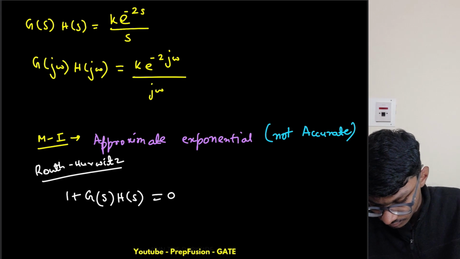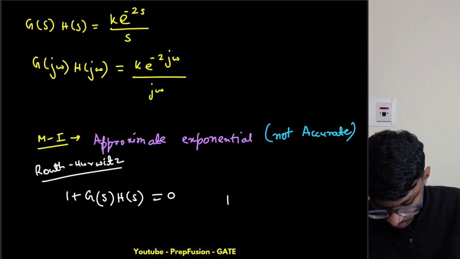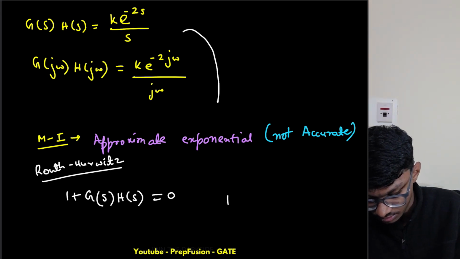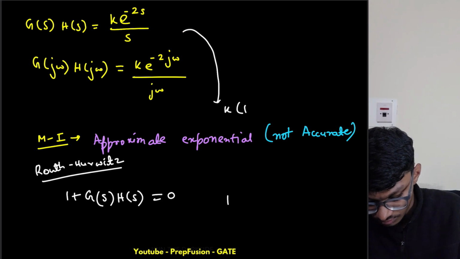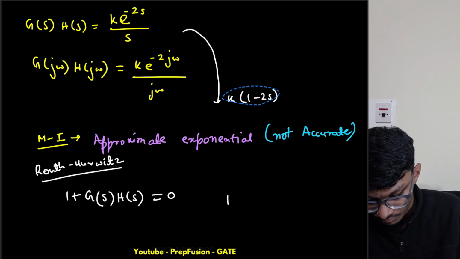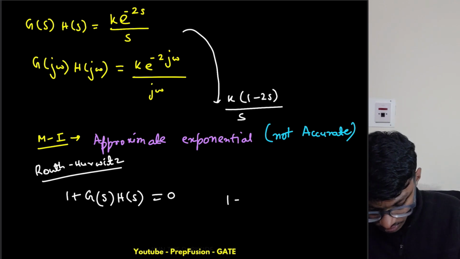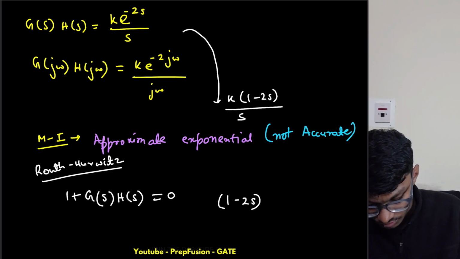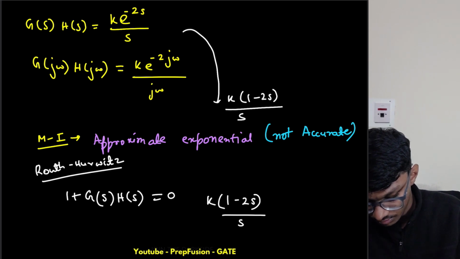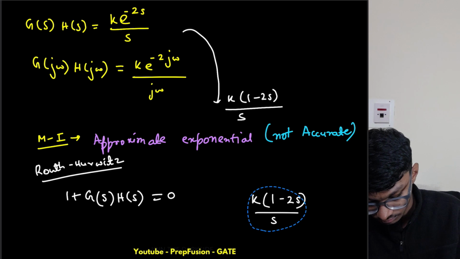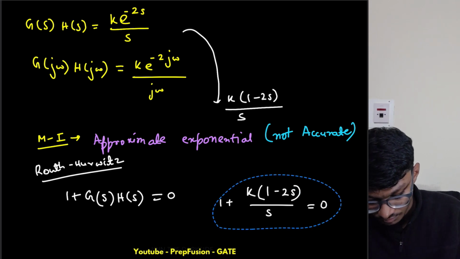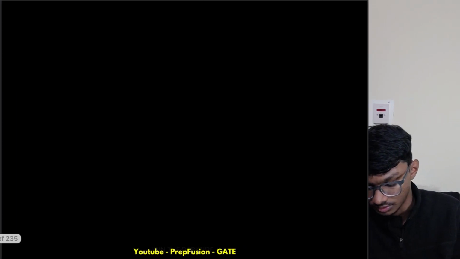What does this become? I can approximate it as 1 minus 2s divided by s into k equals to 0. So just use the Routh-Hurwitz criterion.